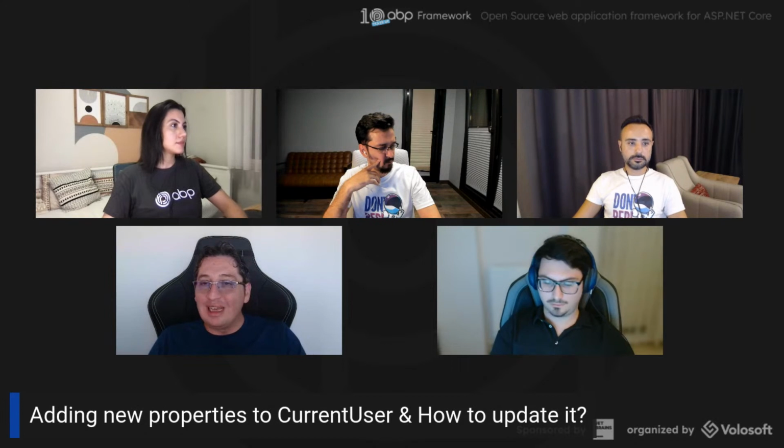As you know, the current user already implements the ICurrentUser interface, so you can inject the interface, or you can directly use the application services, which already provide the current user. So what if you want to add new properties? That's a bit complicated. You need to create a new interface by extending the ICurrentUser, then creating your own implementation, and then filling it up during the sign-in process.